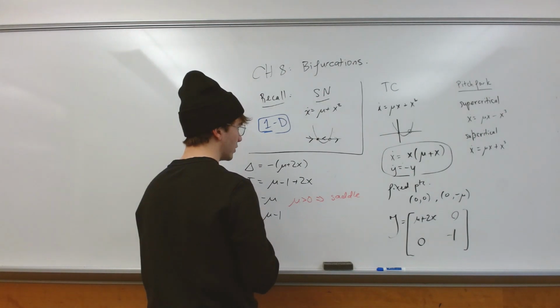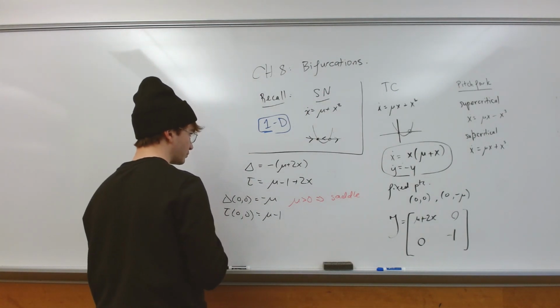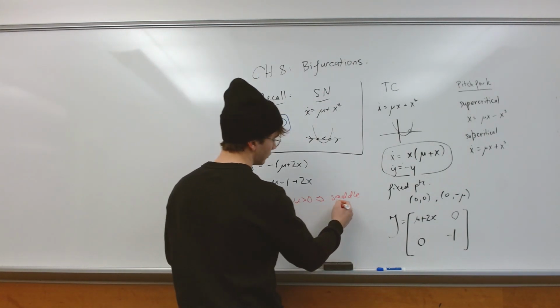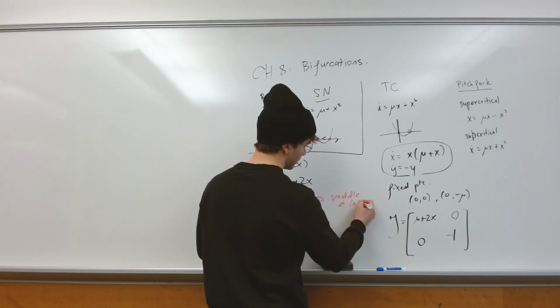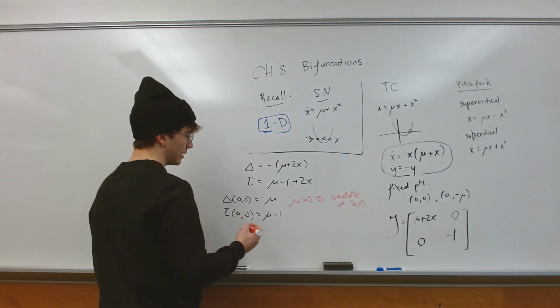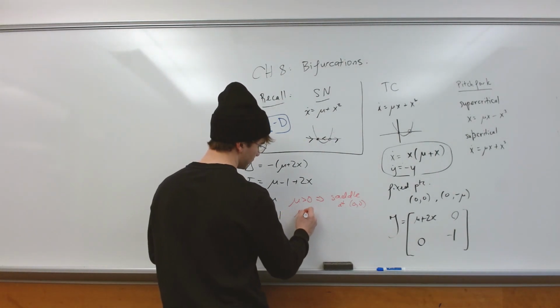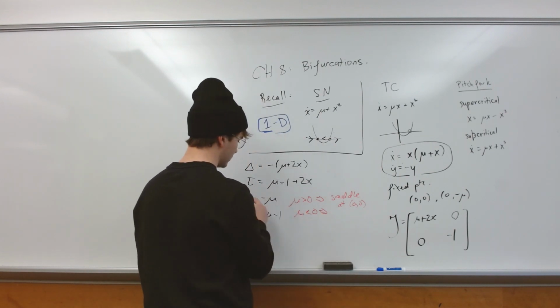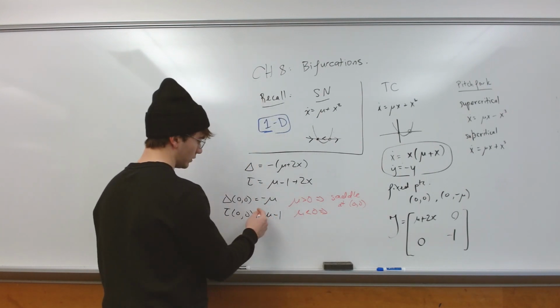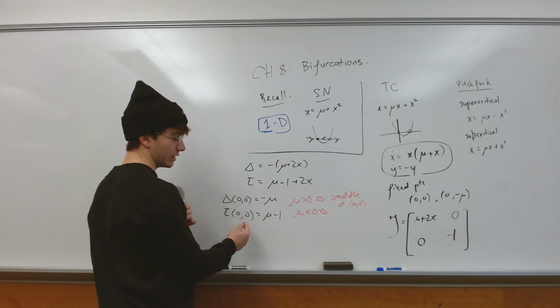And then when mu becomes negative, saddle at the origin, right? This is where we're evaluating. So saddle at 0, 0. And then when mu becomes negative, well, let's check here. This trace will be negative, right?